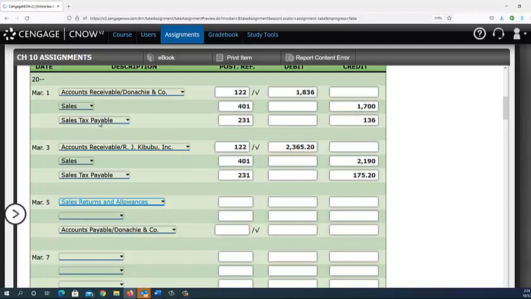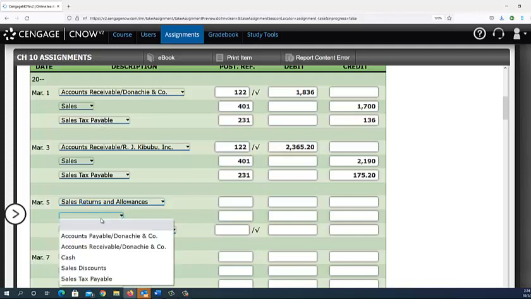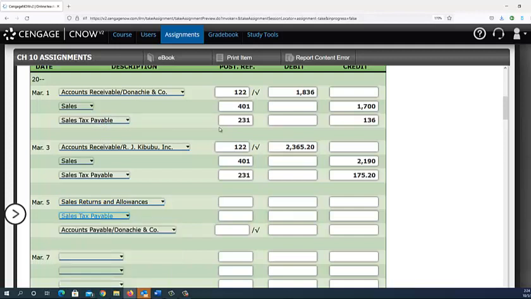And now the sales tax payable, we're going to debit that as well because it was credited in the original entry. Okay, so the sales returns and allowances gets the amount of the merchandise that was returned, and that was $40. Sales tax payable gets the 8% on the $40 returned.